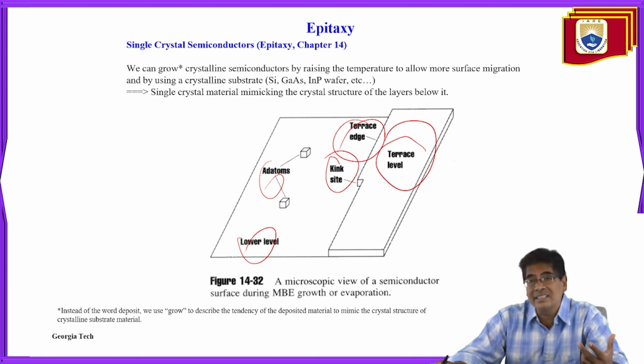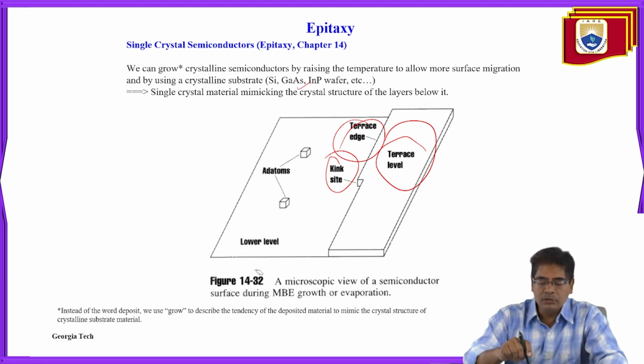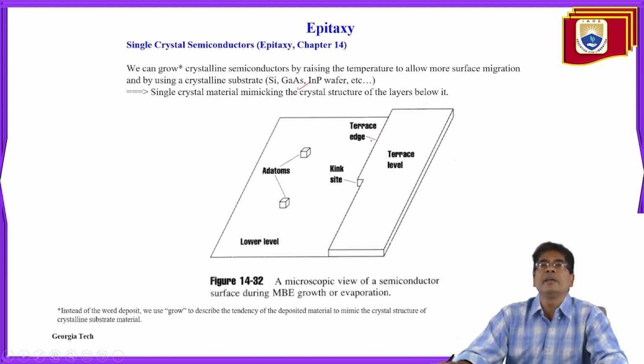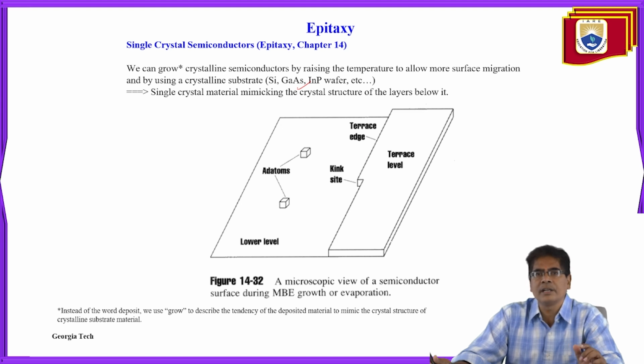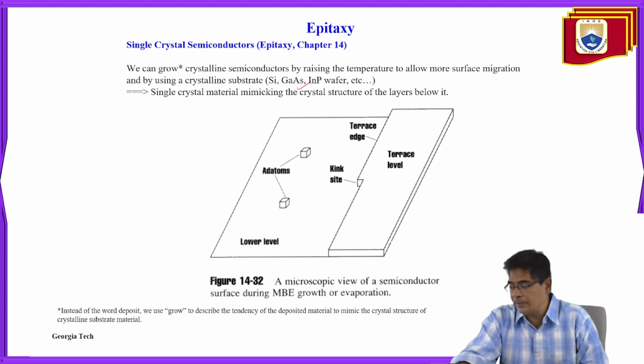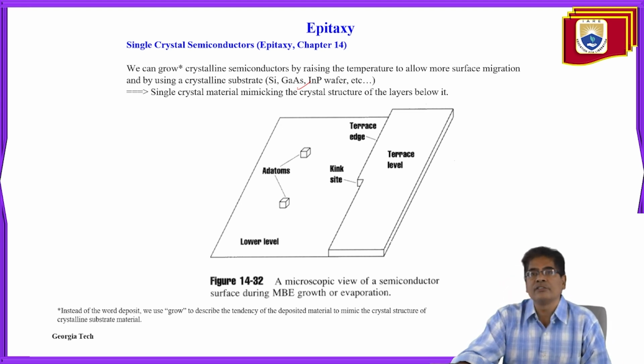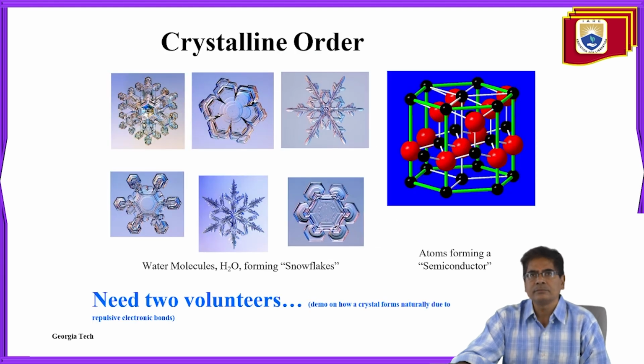Depositing a thin layer on either a silicon wafer or a gallium arsenide or indium phosphide wafer, we can form single crystal material mimicking the crystal structure of the layers below. That is the microscopic view of the semiconductor surface during molecular beam epitaxy growth or evaporation.